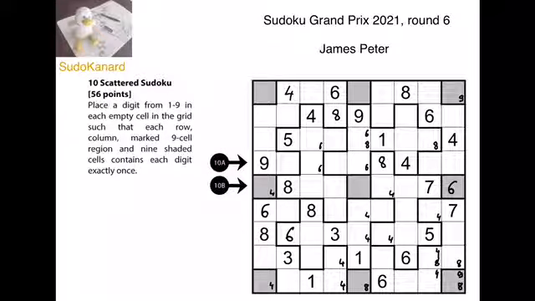Not sure about this. Let's highlight all those positions with color. Isn't there something like a twisted swordfish, or no, I don't think so.